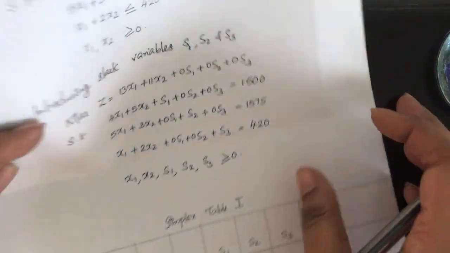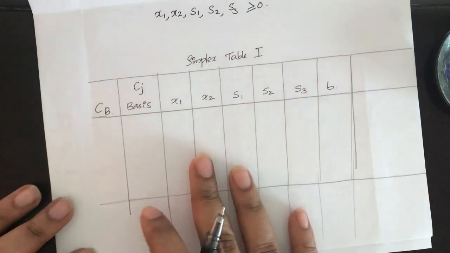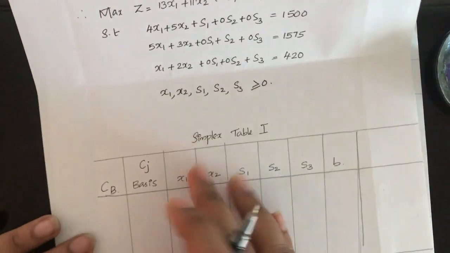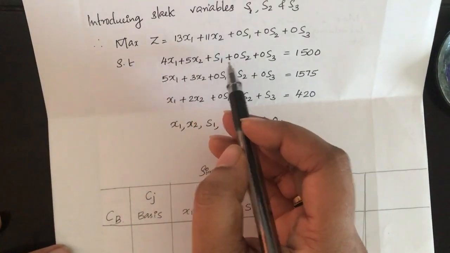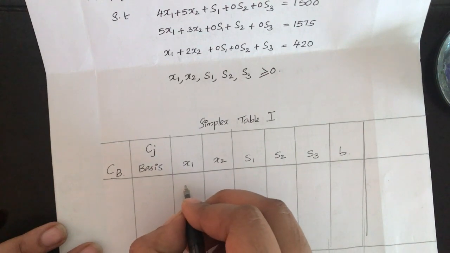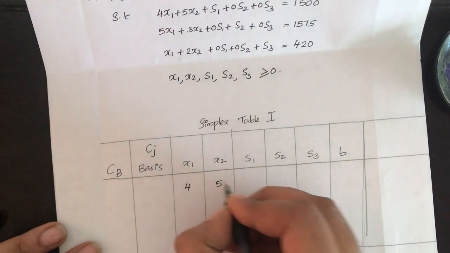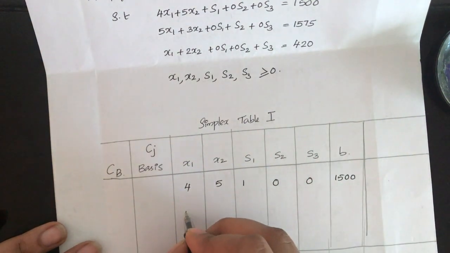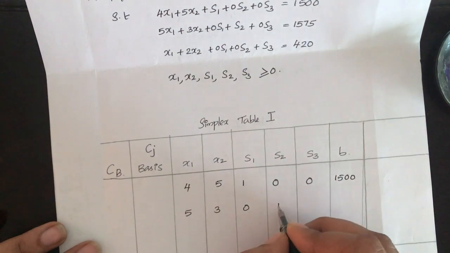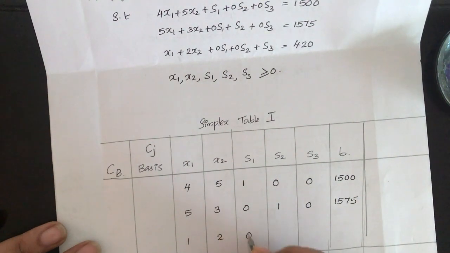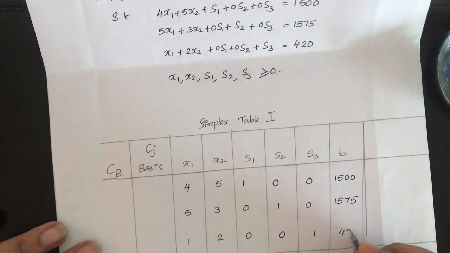So, in table 1 we write the equation coefficients for each constraint: 4, 5, 1, 0, 0, b value 1500; 5, 3, 0, 1, 0, 1575; 1, 2, 0, 0, 1, 420.